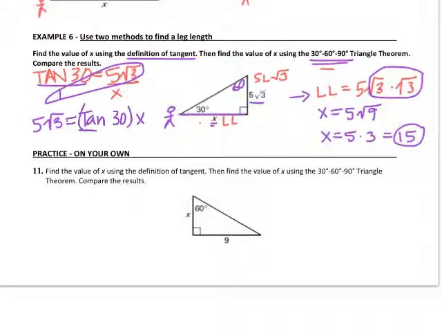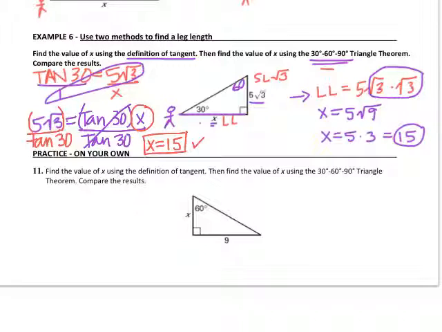In order to solve, I'm going to have to do the division of tangent of 30 here. That cancels. We still have my x over here, but I also need to divide on the left side by tangent 30. So if you type that into your calculator, make sure that you put the parentheses around this before you divide by tangent of 30. And if you do that, you're going to see that x is equal to 15.